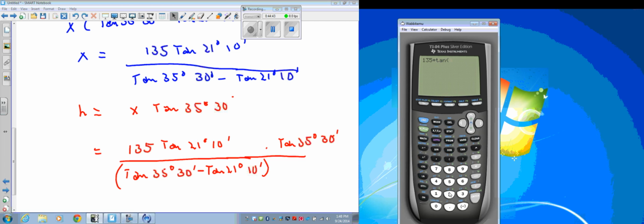Tangent 21. Now remember, I don't have this calculator set in degree mode, but I have to force it anyway. Second, angle. What in the world's going on here?